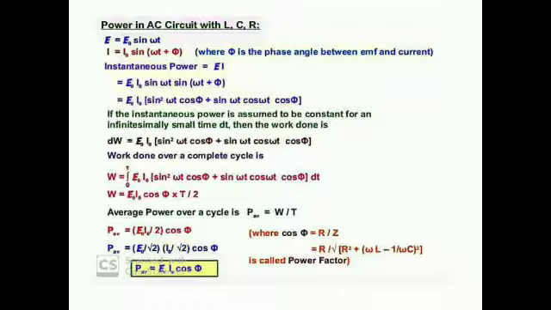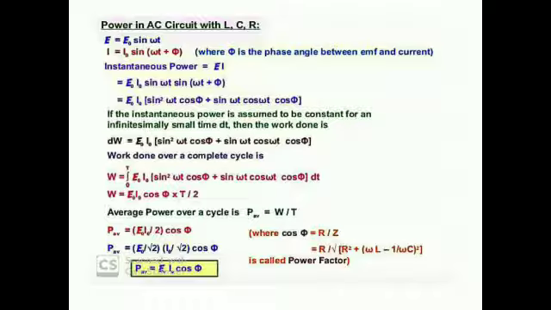If the instantaneous power is assumed to be constant for an infinitesimally small time dt, then work done is dW is equal to E naught I naught into sin square omega t cos phi plus sin omega t cos omega t sin phi. Now work done over a complete cycle. So W is the integral from 0 to capital T, where capital T is the time period, of E naught I naught into sin square omega t cos phi plus sin omega t cos omega t sin phi dt.